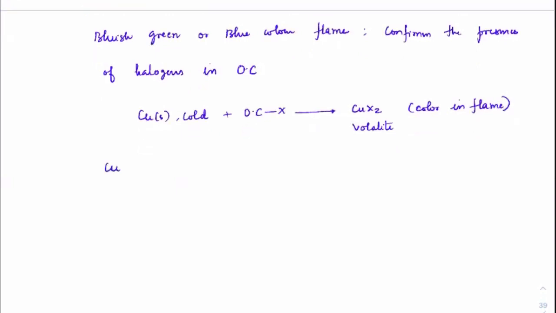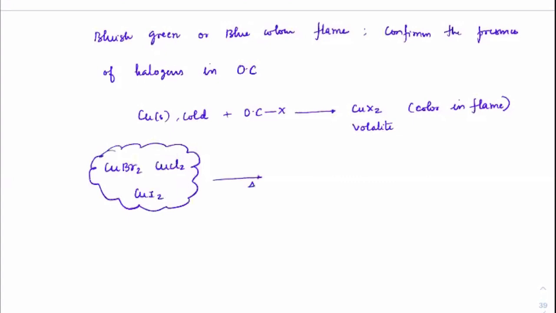The halides that could be formed are CuBr2, CuCl2, CuI2. Any of these halides which is present, on strong heating, will give copper and X2 with color.